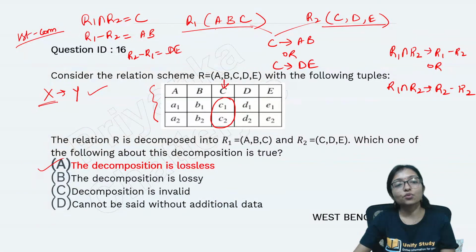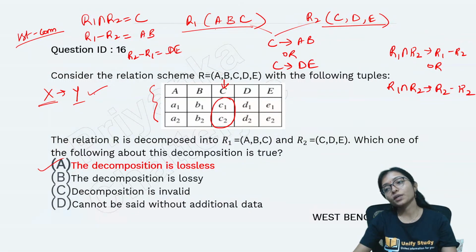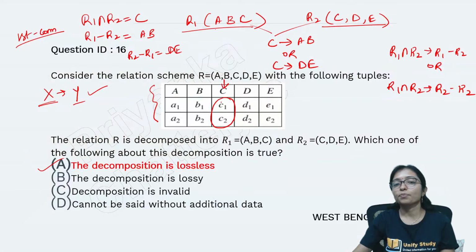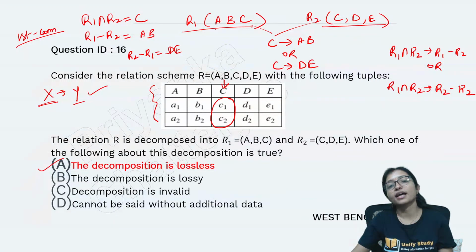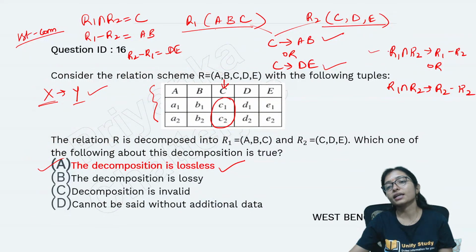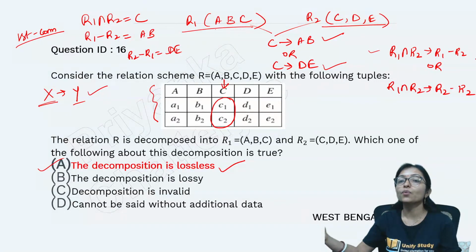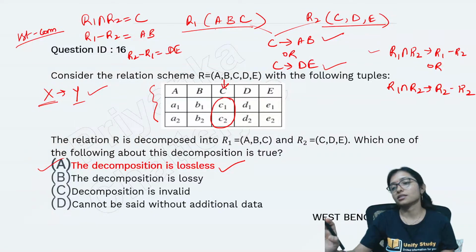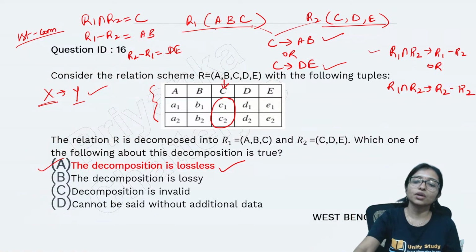If there is any duplicate value, then for those same values in Y also the same value should be repeated. But here there is no duplicate, so no problem. This one will also hold. That's why the decomposition is lossless, because it satisfies R1 intersection R2 implies R1 minus R2, or R2 minus R1. That's why this is your answer.